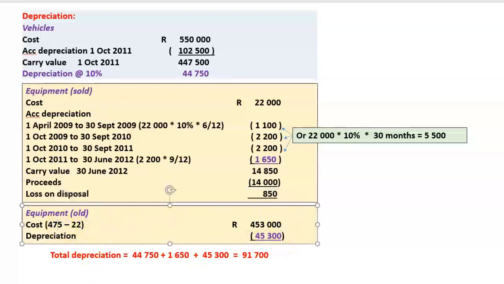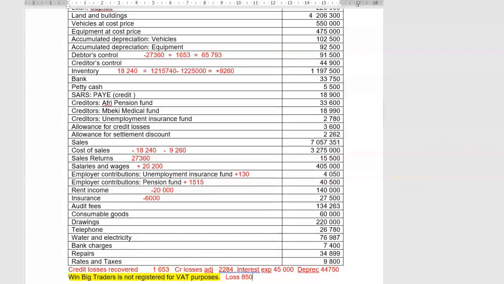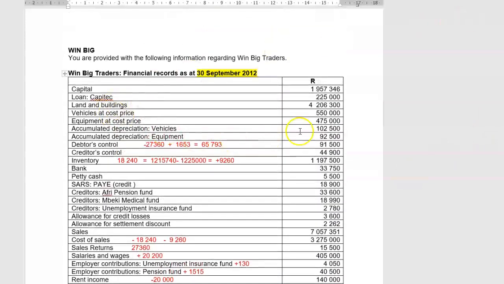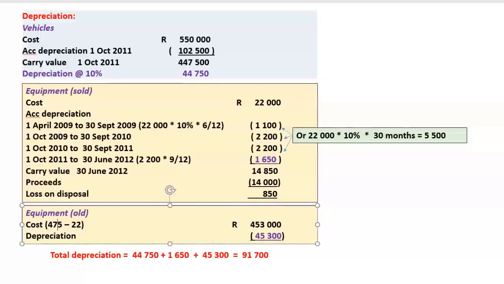Now the old equipment. The cost price of that equipment was 475,000 Rand. They haven't accounted for the sale as yet. So now we take out the cost price of the equipment that we've sold, 22,000, and that gives us a cost price of the equipment that I still have in my possession of 453,000. Depreciation is at 10%, so 10% of 453,000 gives us a total of 45,300.